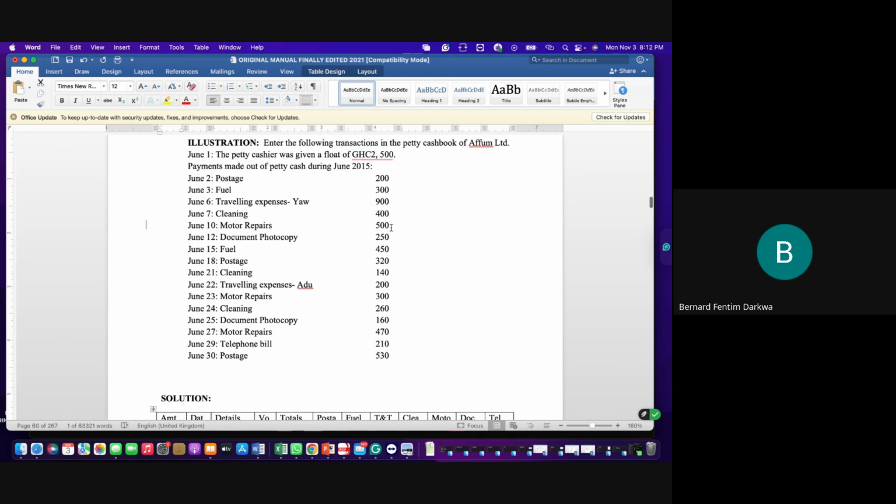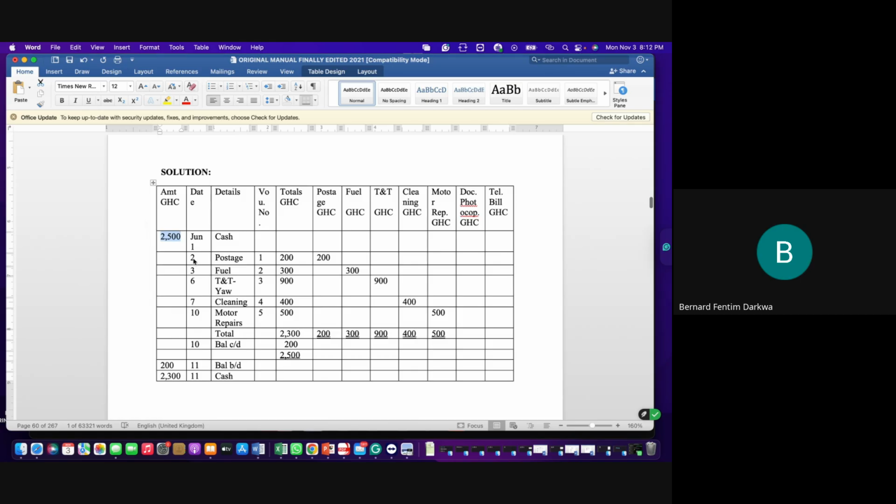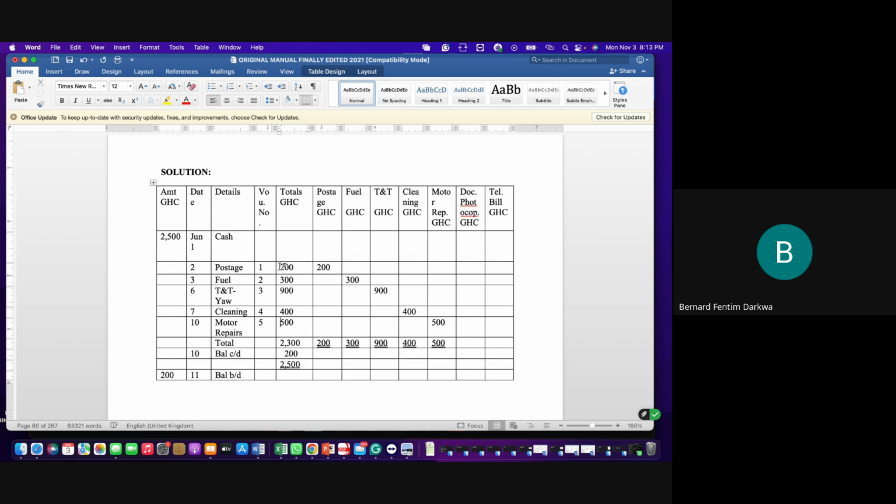But if you are given 2,500 on the 1st, and by the 10th you have spent 200, 300, 900, 400, 500, if you total the items from the 2nd up to the 10th, you see that it is 2,300.